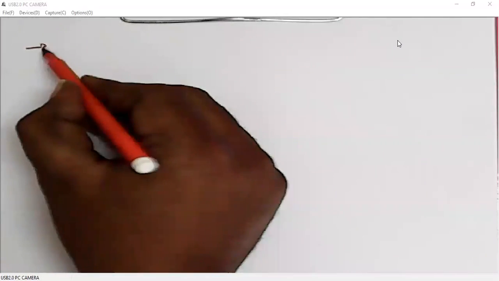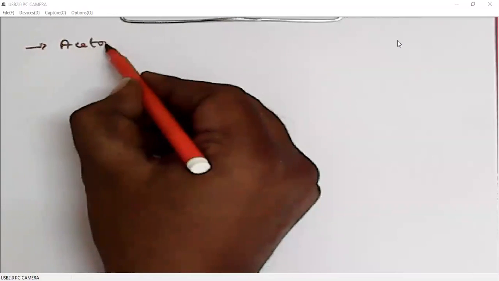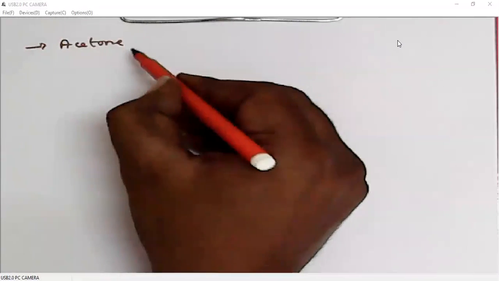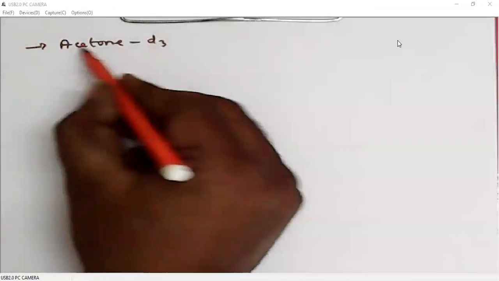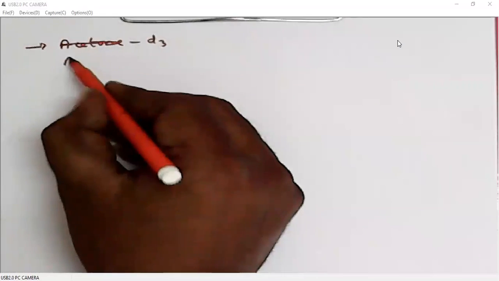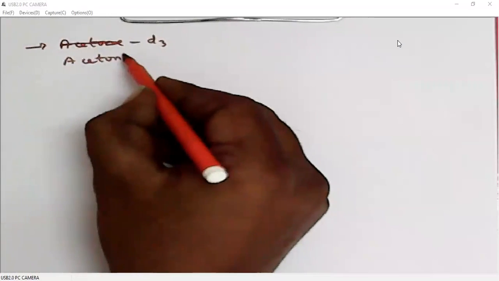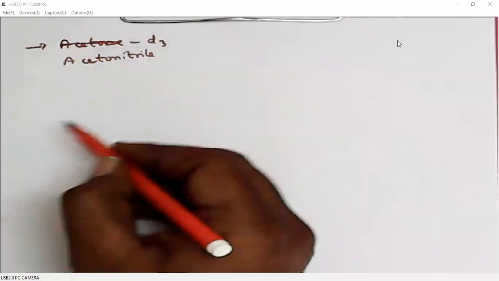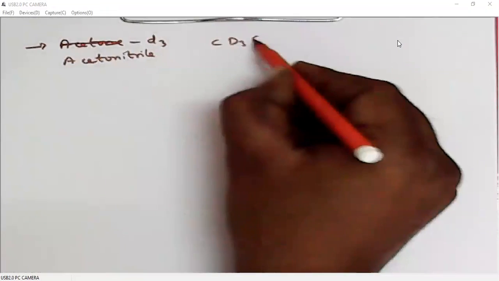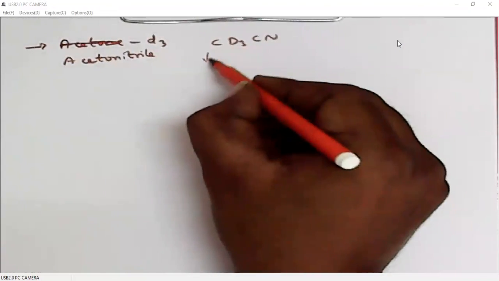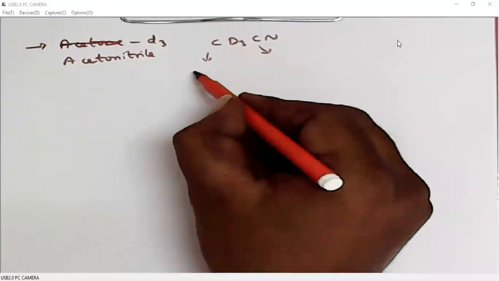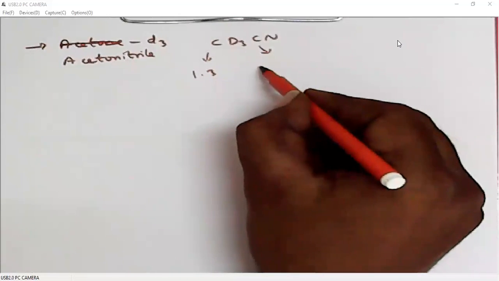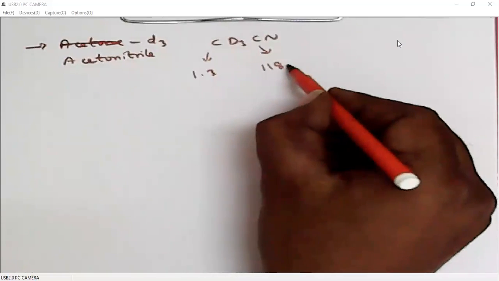I'll give some proton NMR values and carbon 13 values, their multiplets for some deuterated solvents. For acetonitrile, we observe two carbon 13 NMR signals, one at 1.3 ppm, another one at 118.3 ppm.